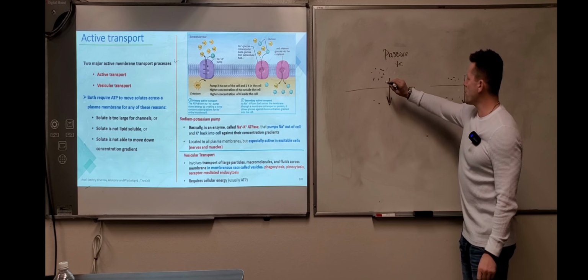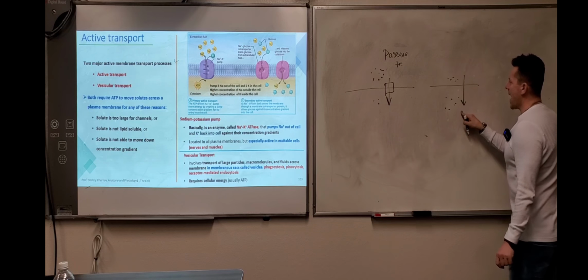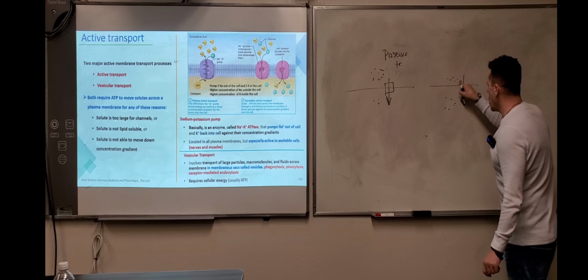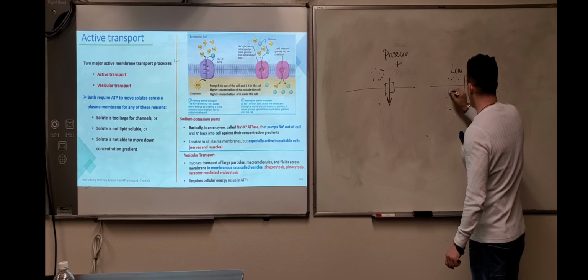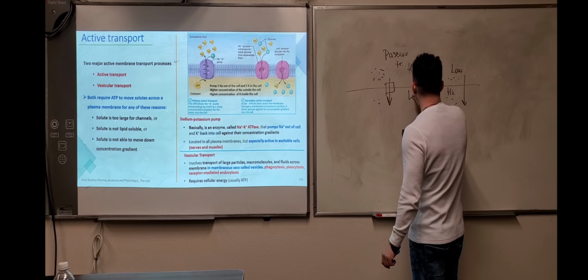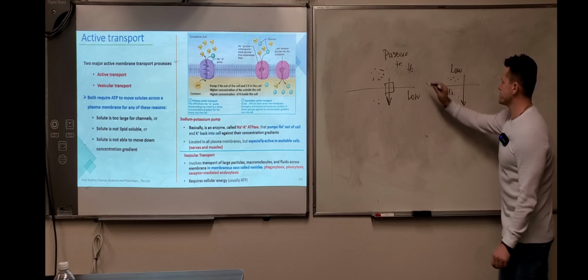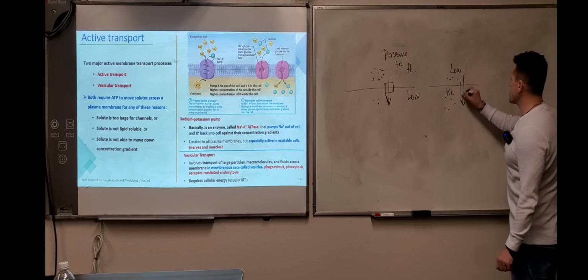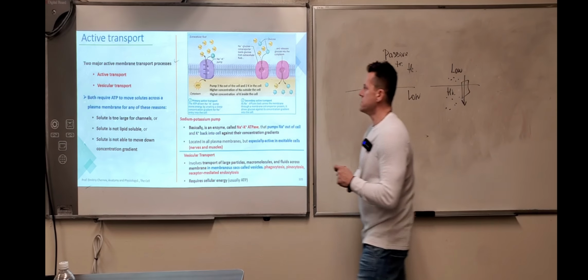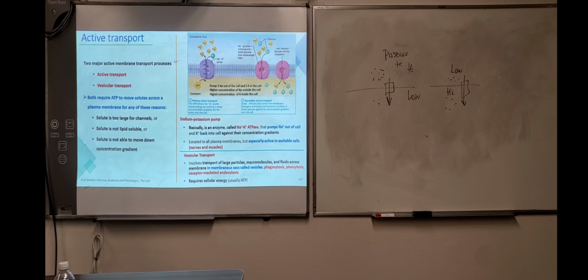So passive transport is from high to low, regardless of whether there is a channel, but active transport is from low to high concentration. Here it's from high to low concentration. But also there is a channel. Here's lots of examples of that.